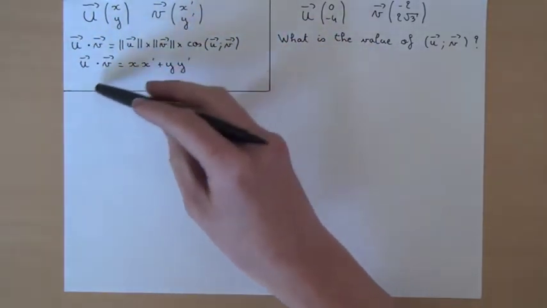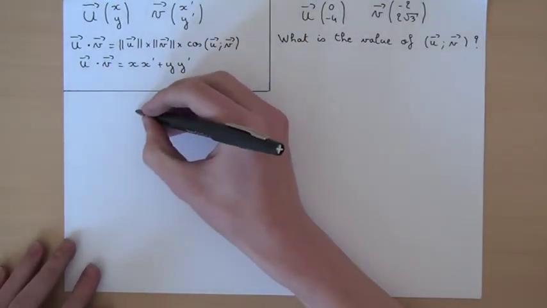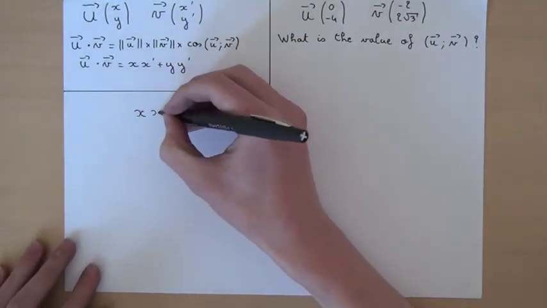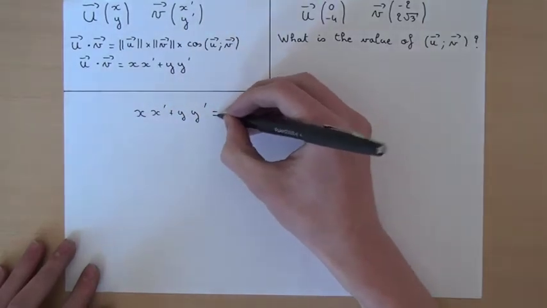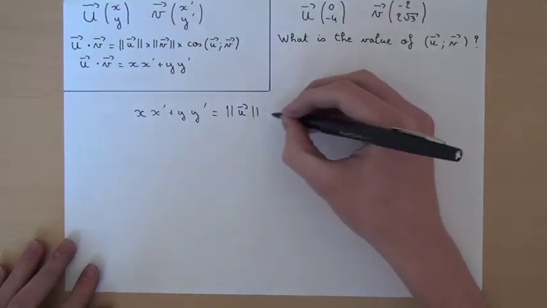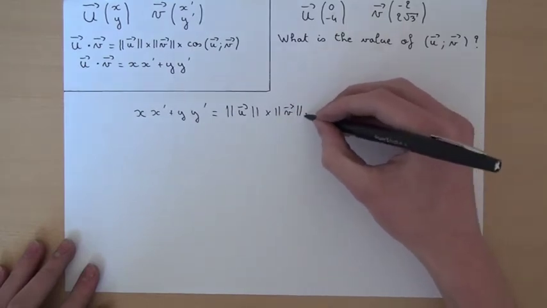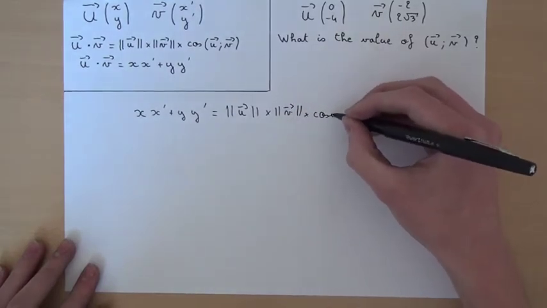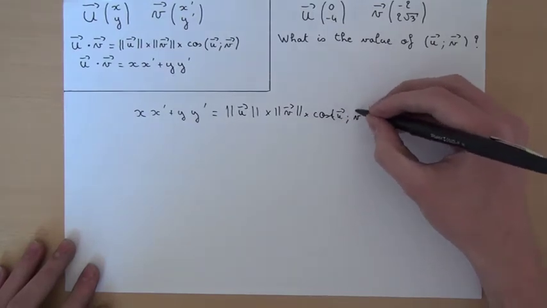It's the scalar product of u and v. So you have xx' plus yy' equals the magnitude of u multiplied by the magnitude of v multiplied by cosine of uv.